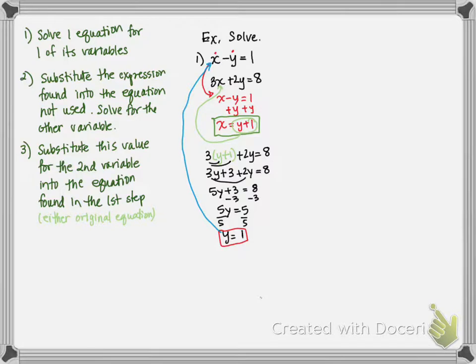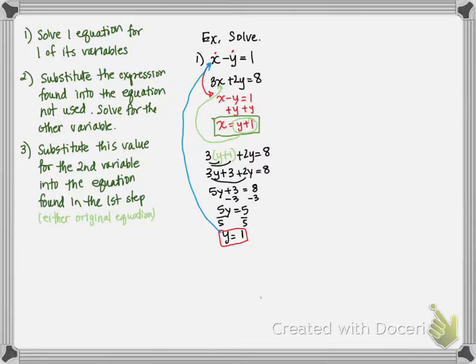I like to go into the other one. That's the wording they used: substitute this value for the second variable into the equation found in the first step. Okay, so I substituted it into the x minus y. It can go into either original, but I like to put it back into the other equation I didn't use in the step before.